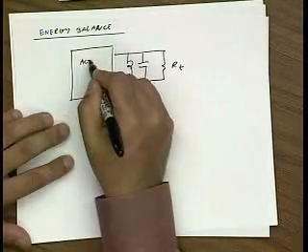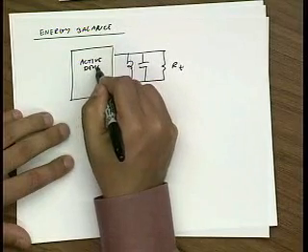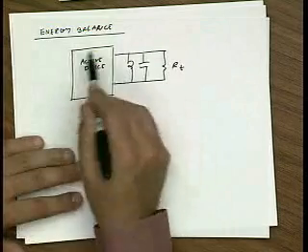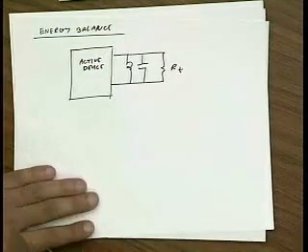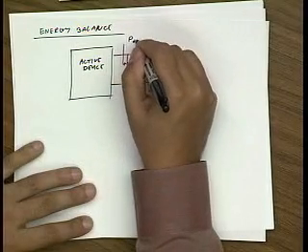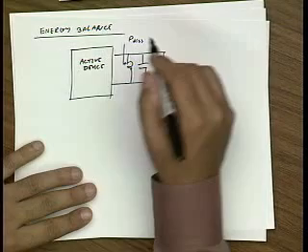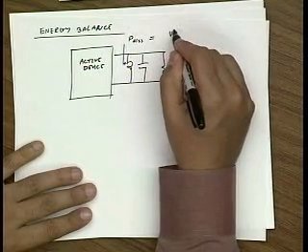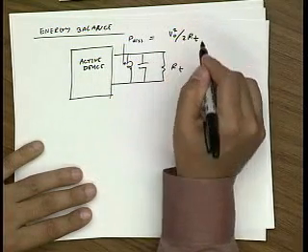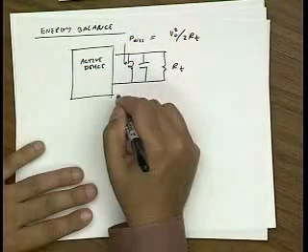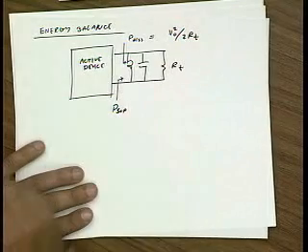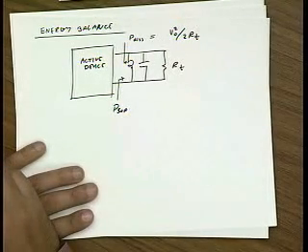And this is my active device hooked up across here, either with feedback or somehow I've connected up an active device here. So what I could say is that the power dissipated into the tank, which is V squared, the oscillation amplitude squared, divided by 2RT, has to be balanced by the power supplied by the active circuitry, right?